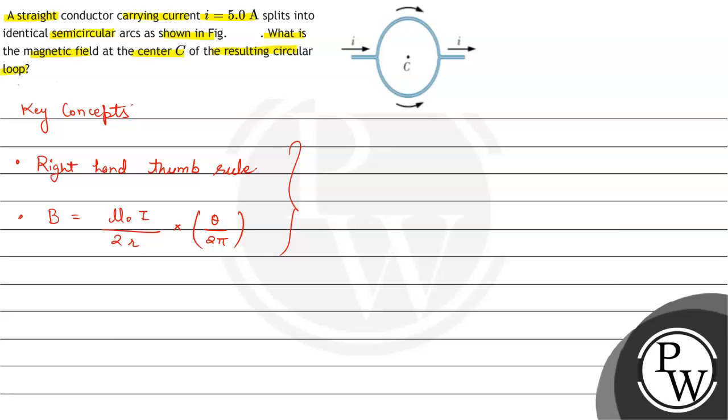Now, before the solution, in this particular question we are given a case that the current splits into identical semicircular arcs.